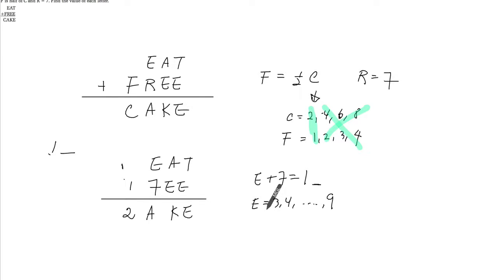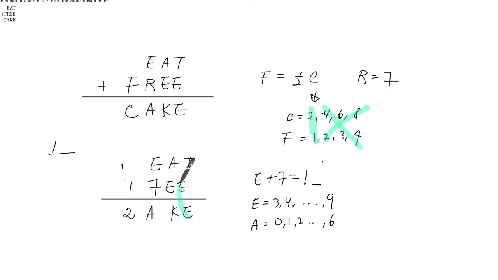Okay, so it can't be 1 and 2. So if E is equal to 3, A is 0. If it's 4, it's 1. If it's 5, it's 2, and the maximum, if it's 9, it's going to be 6. Okay, so that's still quite complicated.